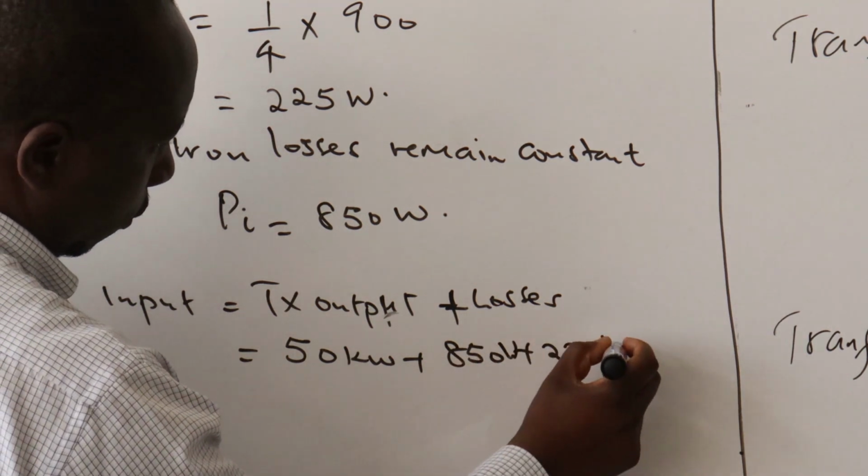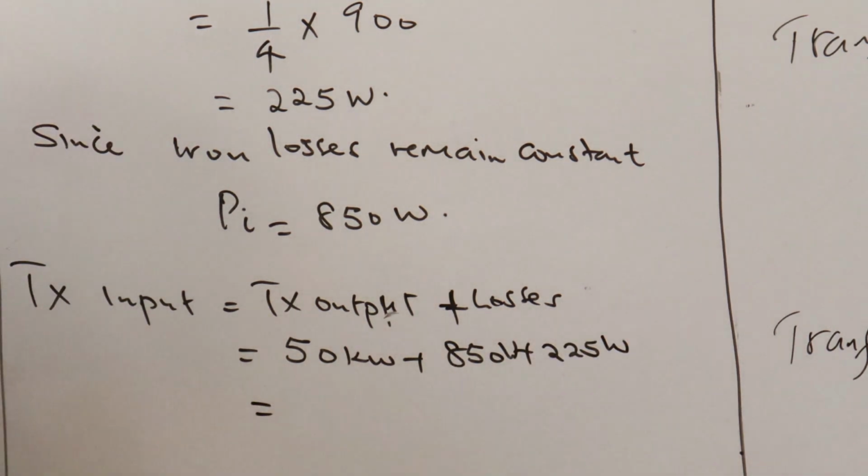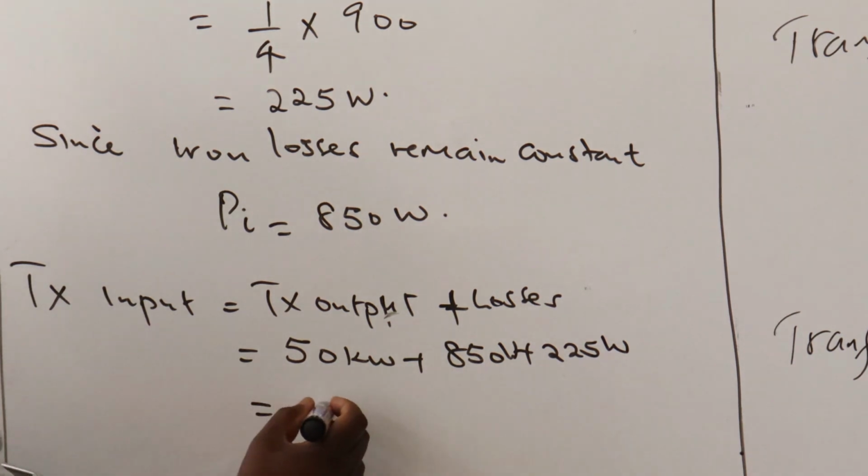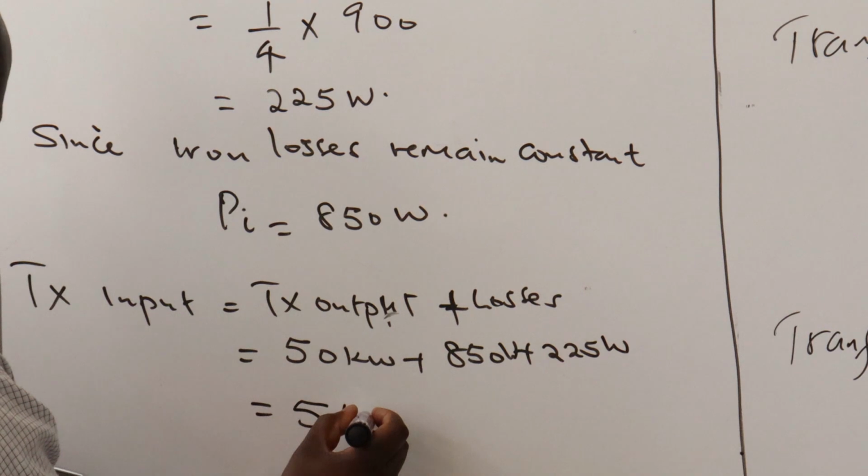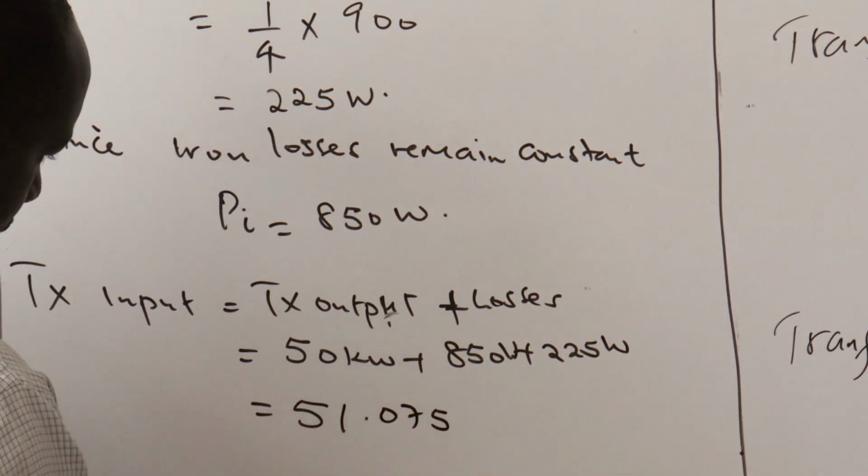These are watts, these are watts. So we shall have that is 50 plus 225. So we shall have this as 51.075.